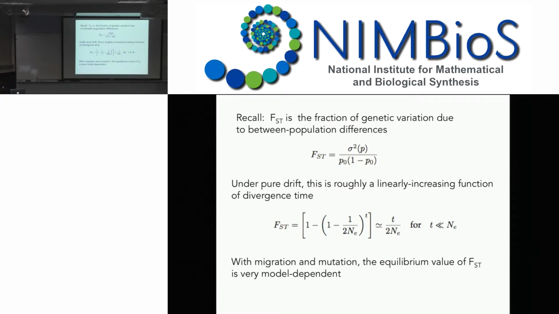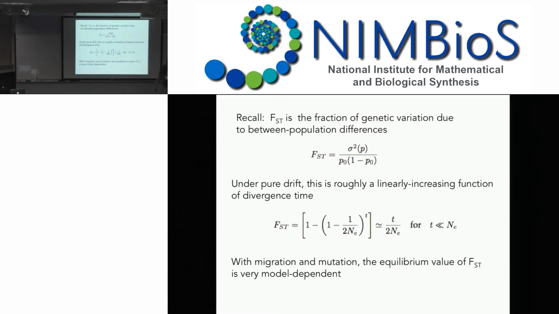So let me remind you about FST. FST is simply a way of looking at the amount of divergence. So I sample a series of subpopulations. I have to specify those subpopulations and sample allele frequencies in those subpopulations. Then I compute an overall allele frequency, and I compute a frequency of between-deme variation. And FST is simply the fraction of overall genetic variation that's due to differences in allele frequencies across demes.